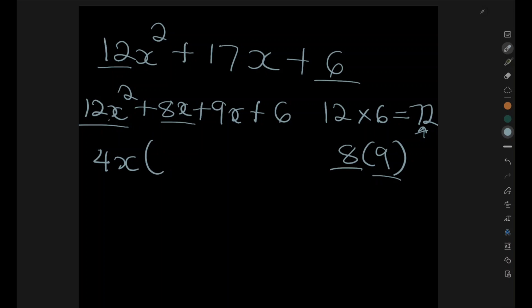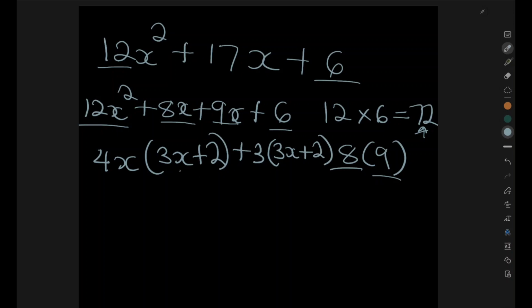If I take out 4x, or if I divide 12x squared by 4x, I have 3x remaining. And if I divide 8x by 4x, I have 2 remaining. From these 2 terms, 9x and 6, I know that my common factor will be 3. If I take out 3 here, I have 3x, and if I take out 3 from 6, I have 2.